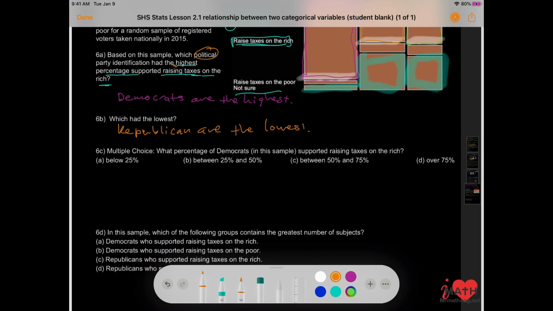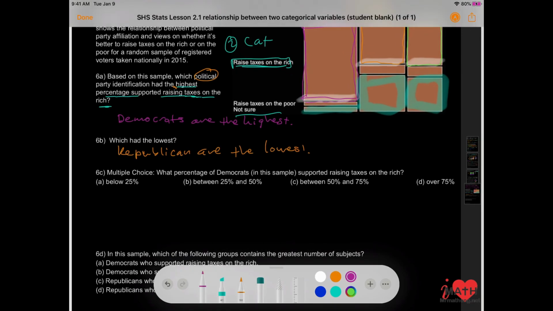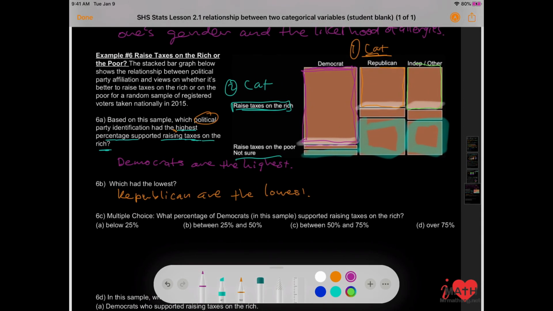6C, multiple choice. Which percentage of Democrats in this sample supported raising taxes on the rich? So Democrats and raising taxes on the rich is again this rectangle here. The question is, what percent is it? Remember, this whole bar represents 100%.